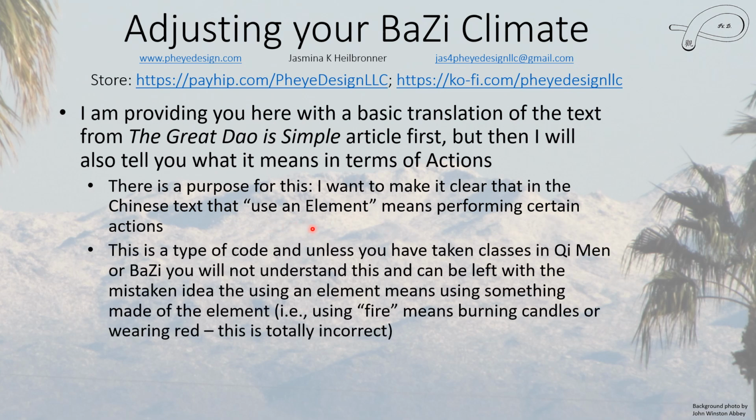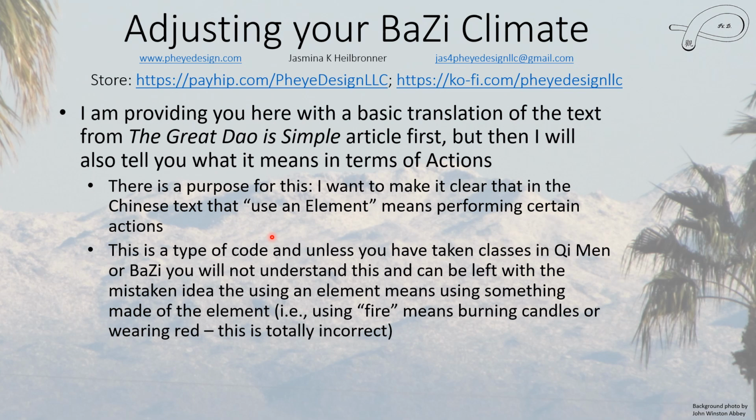This idea, use an element, is a type of code. That's like saying, I am a Yang Fire Day Master. If you tell me that, I know that you're very likely to be very passionate, have quite a bit of energy, you can really get things done, and that you're a go-getter.